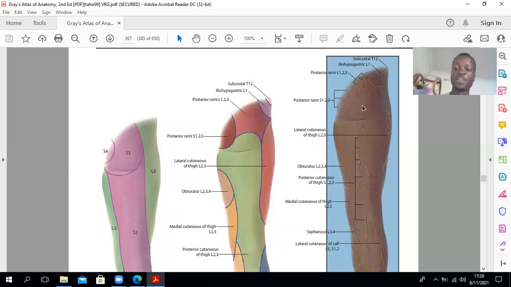If you remember the gluteal region, you divide it into 4 quadrants, where the upper lateral quadrant was supplied by the subcostal and the iliohypogastric nerve, whilst the upper medial was the only one that had posterior rami coming from L1 to L3, then S1 to S3. And if you look at the lower quadrants, the lateral one was innervated by the lateral cutaneous nerve of the thigh, whilst the medial one was innervated by the posterior cutaneous nerve of the thigh. Right.